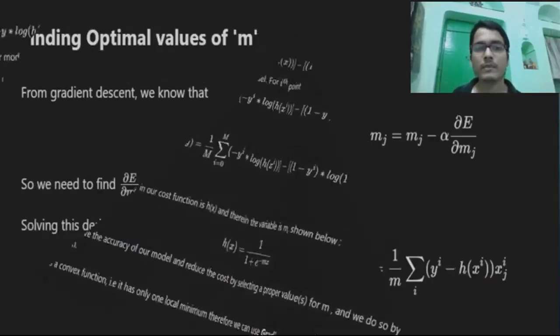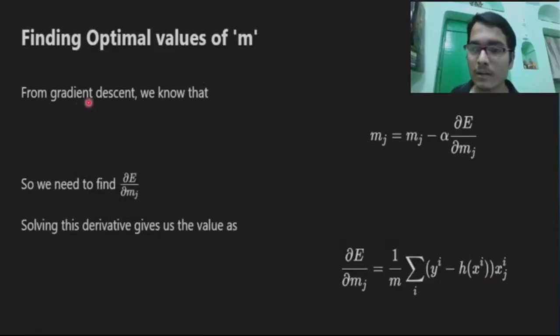If we use gradient descent, I have explained in detail how gradient descent actually works. So now we need to find the partial derivative of the error function with respect to the jth data point coefficient. Whatever error function I showed you, you can differentiate it and do this math on your own.